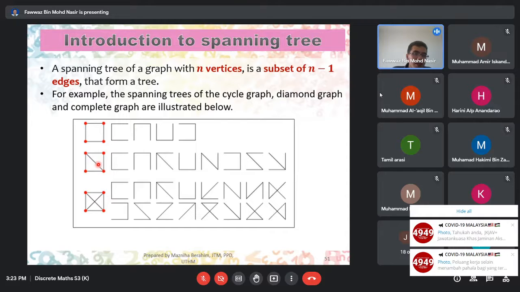Untuk ini dia punya vertices dia ada 4, so dia punya subset dia adalah a tree with 3 edges. So because 4 minus 1, so kita just list down all the possible edge combination with 3 edges, okay, from this graph. Okay, sama juga untuk ini.